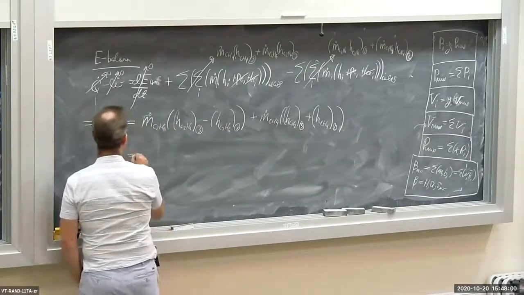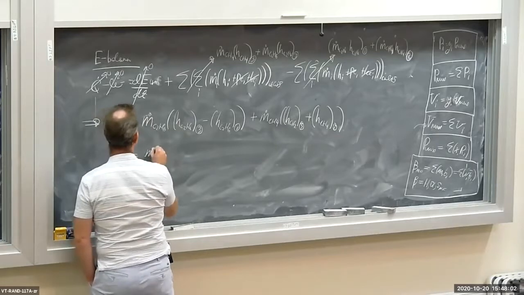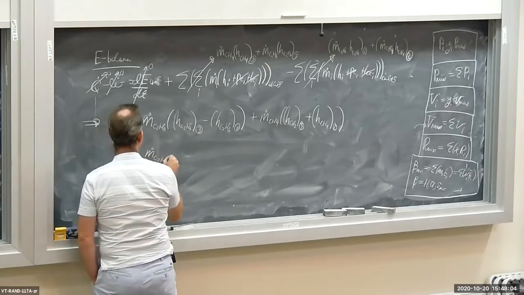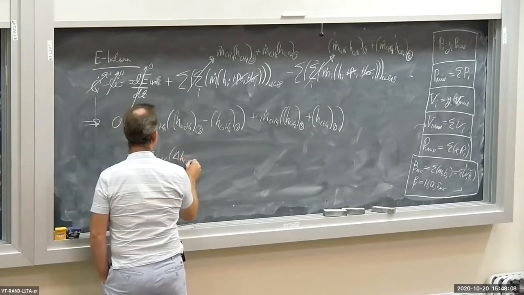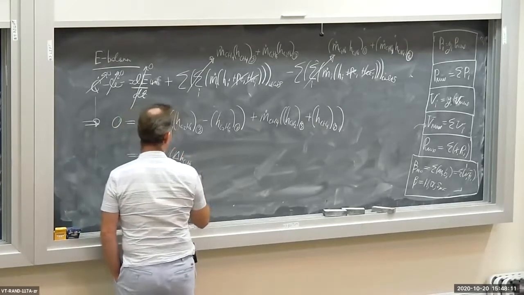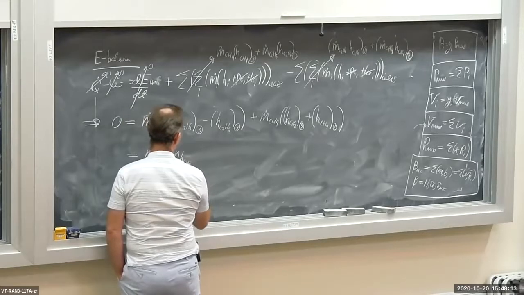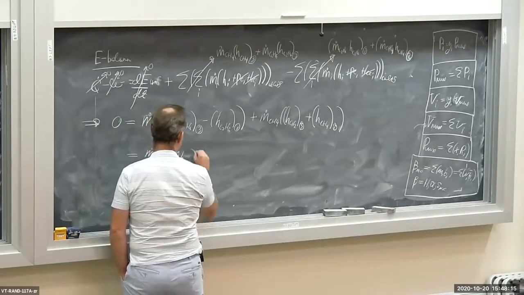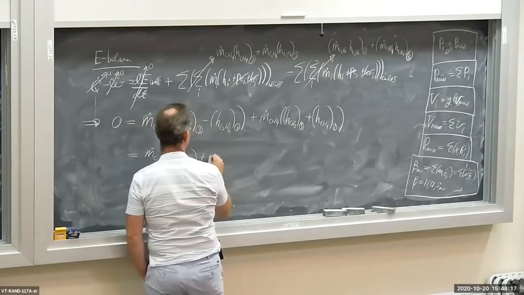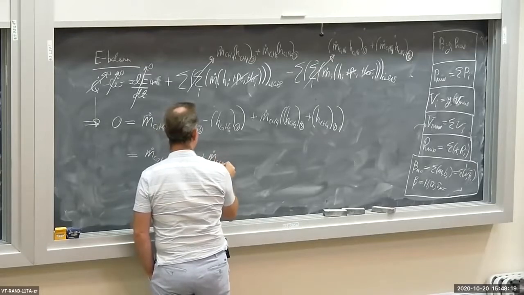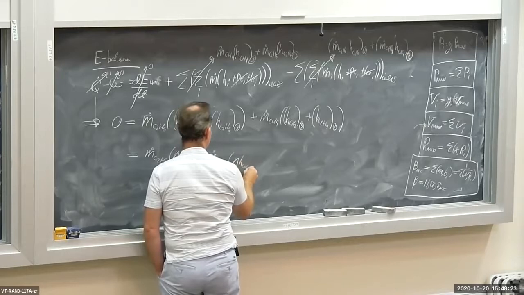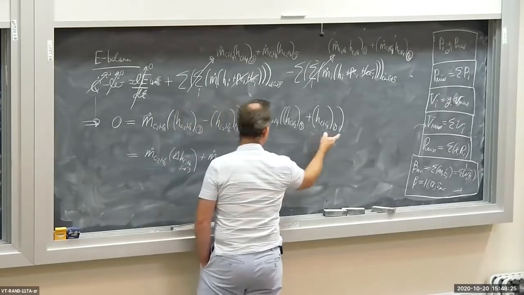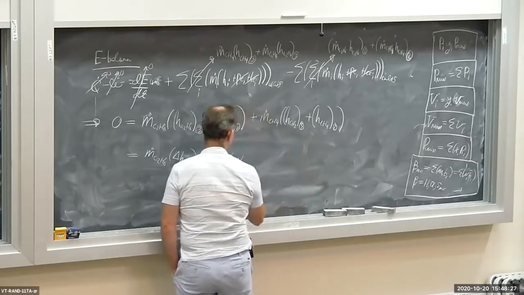Now I can also rewrite this in terms of a delta H. So this is m dot C2H6 delta H C2H6 from 1 to 3 plus m dot CH4 delta H CH4 from 2 to 3.